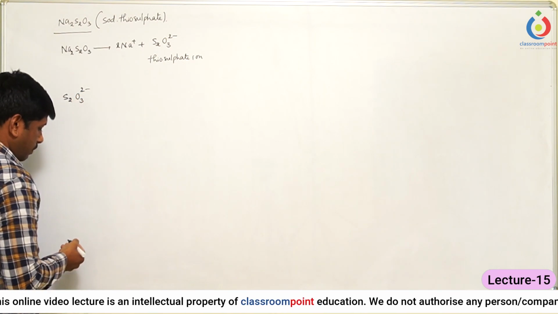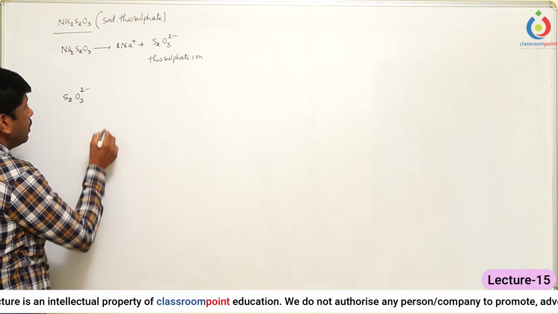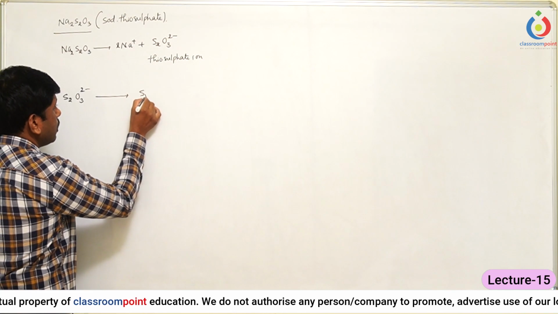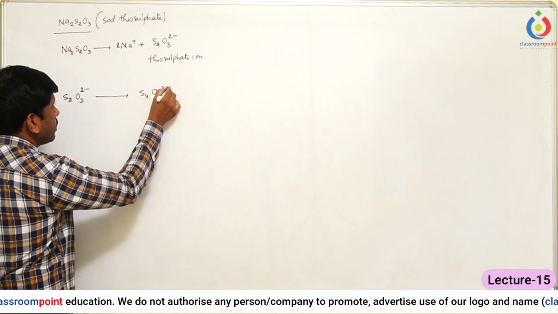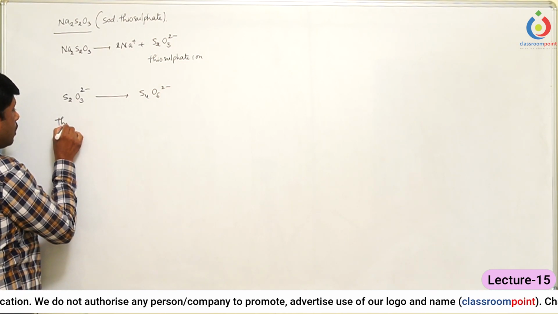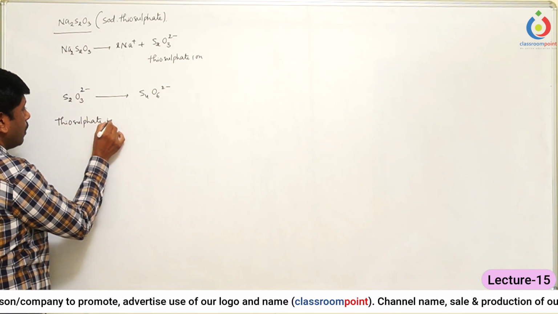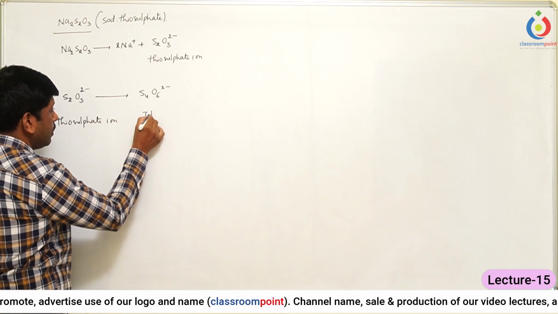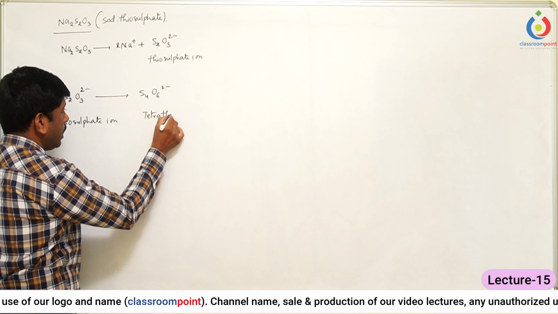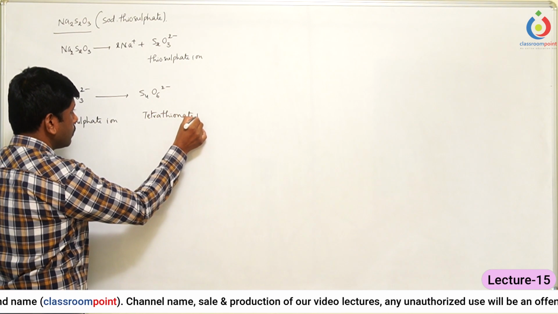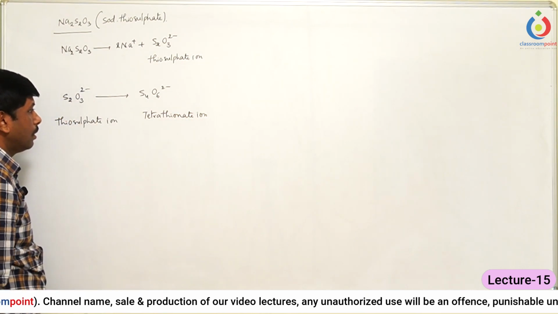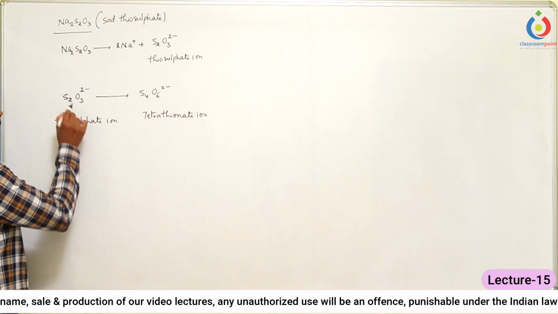in the reduction process, when it is acting as a reducing agent, it changes to S4O6 2-, the tetrathionate ion. Now let us see their oxidation states.